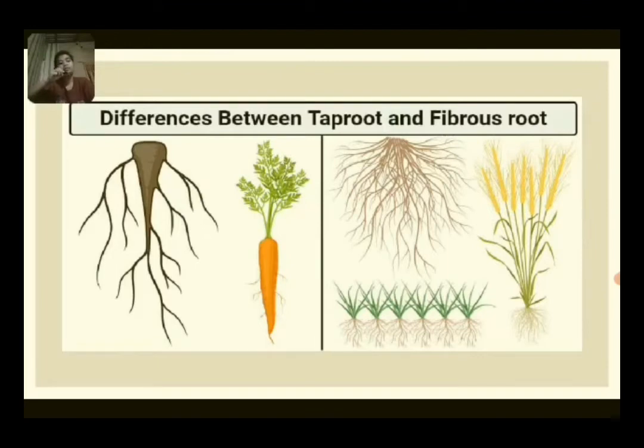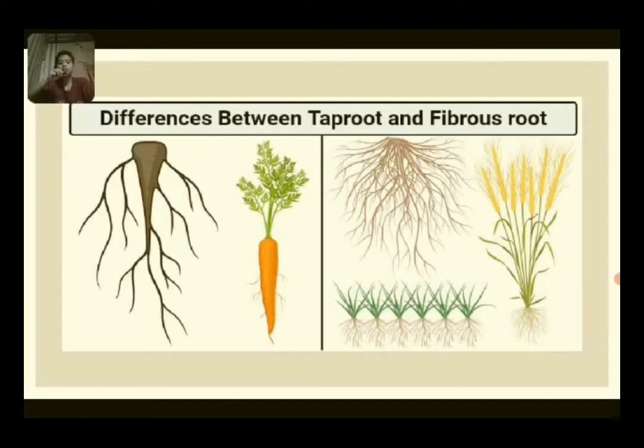Difference between taproot and fibrous root. The fibrous root system occupies less surface area than taproot. Taproot grows vertically downward and thus reaches deep into the soil.